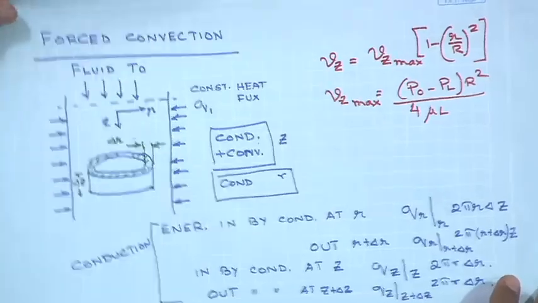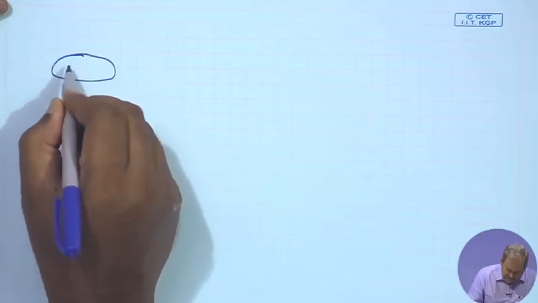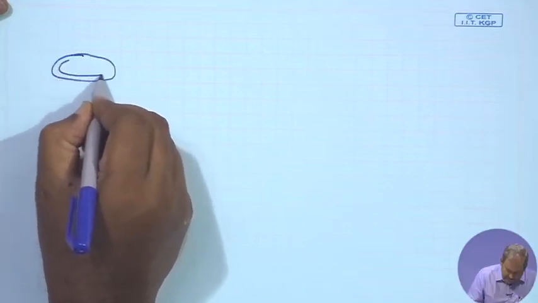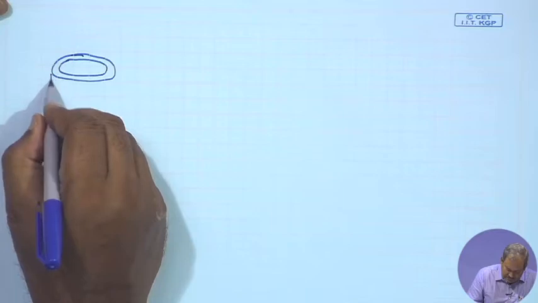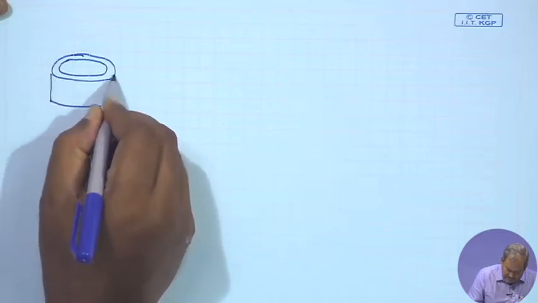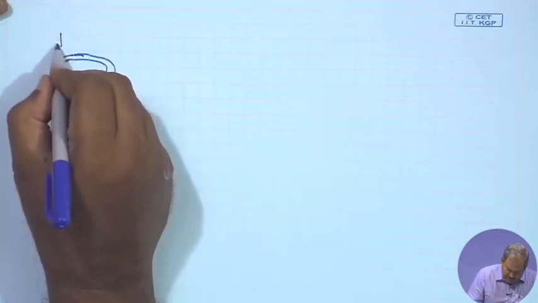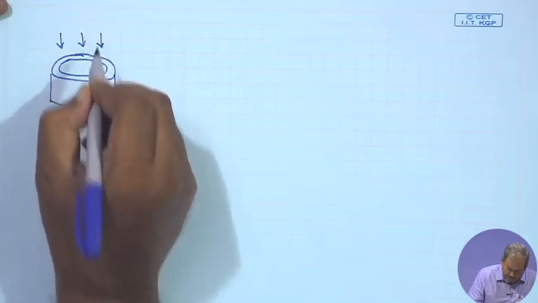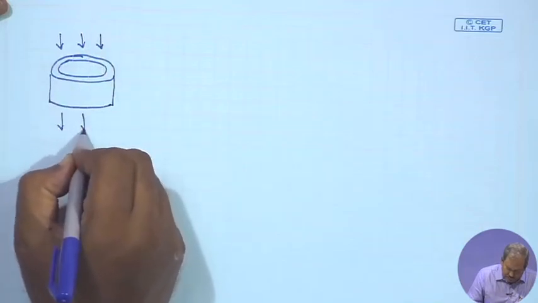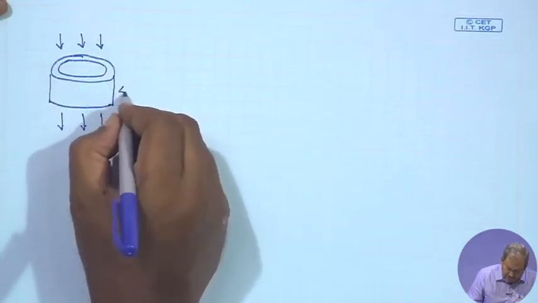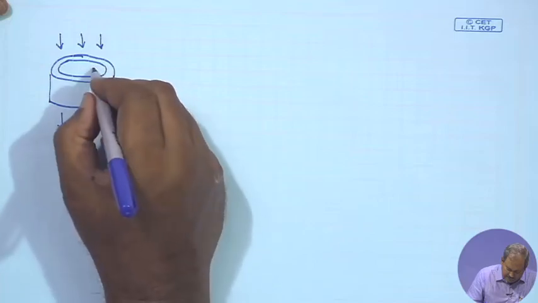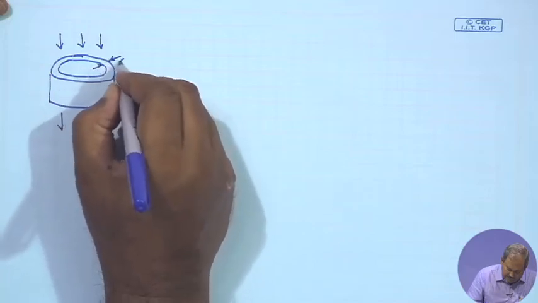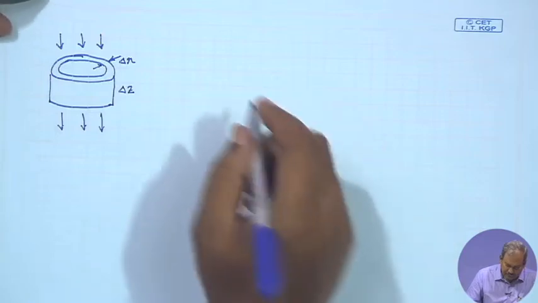When we think about convection, I am drawing the figure once again. I have flow, therefore convection, and flow which goes out. This is delta z and this is delta r.